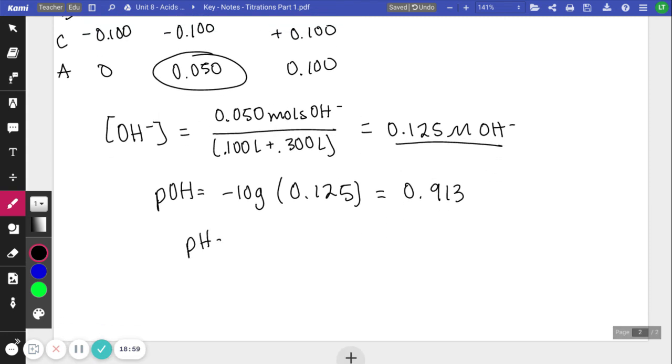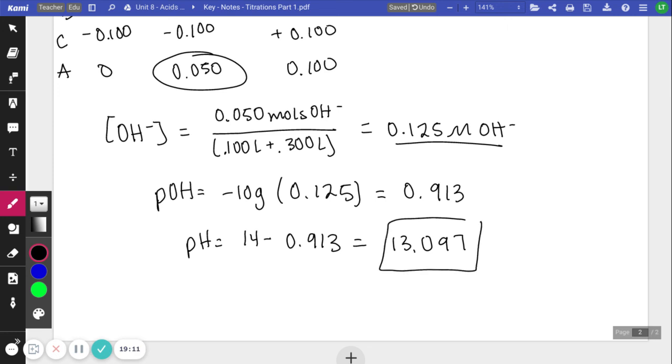So pH is going to be equal to 14 minus 0.913, giving me a pH of 13.097 here. Because again, our hydroxide is where our pH is going to come from, because we have more hydroxide than hydrogen. So we have a basic solution here.